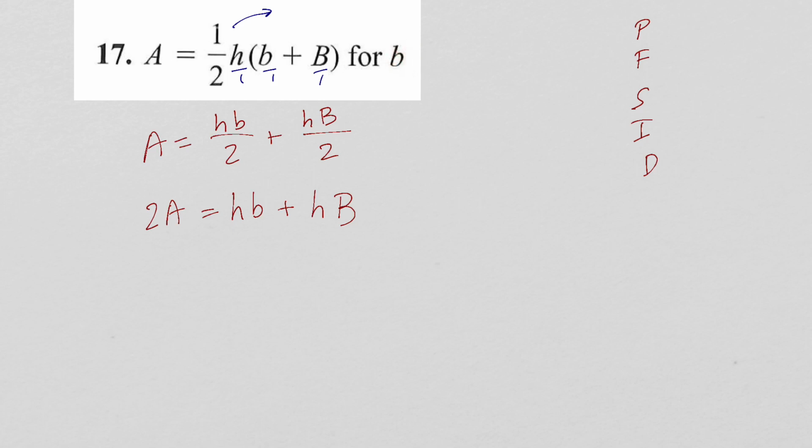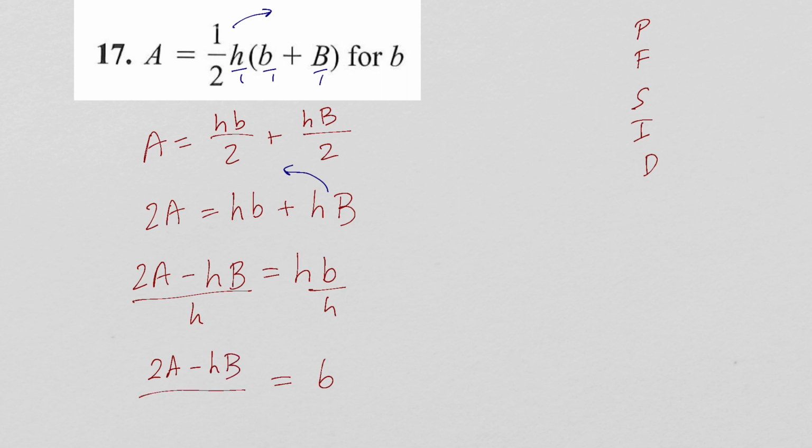I'm after the one with the little b, so I want to move this one over, and that's just going to flip signs when you do that. So I'll have 2a minus hb is equal to hb. And finally, your last step is to divide. I'm going to divide out the h on each side, and I'm going to get b is equal to 2a minus hb all over h. And that's it.